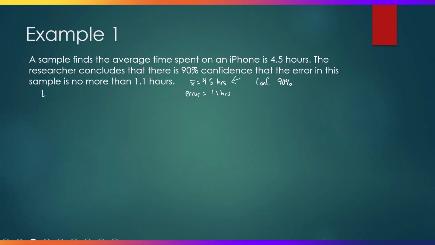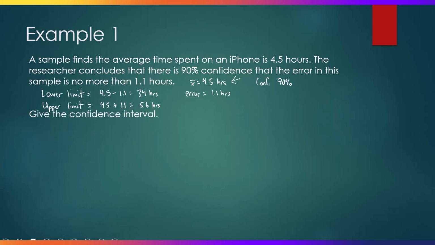So what I do is I'll get a lower limit by taking the point estimate and subtracting the error, and this is 3.4 hours. And then I'll also get an upper limit. We don't have a three-dimensional thing here because we're really casting for a single number, and so this is 4.5 plus 1.1 for 5.6 hours.